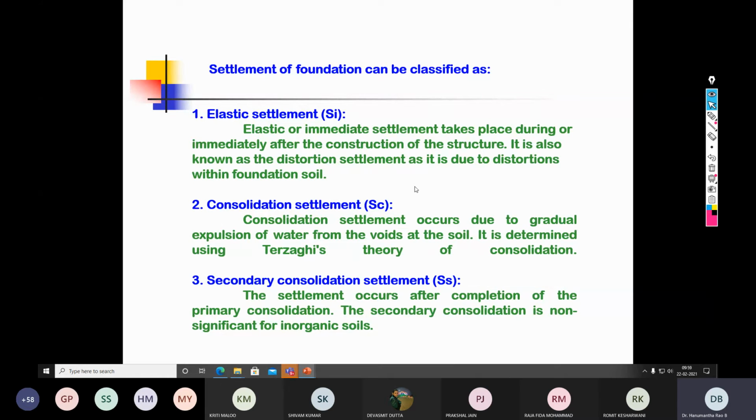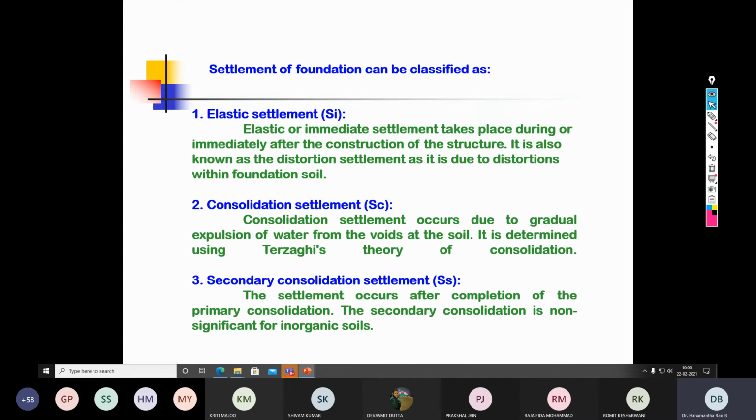Now the opposite of the elastic settlement, a completely different phenomenon, is consolidation settlement. You have undergone Terzaghi's theory of consolidation during your soil mechanics course, so I don't need to repeat it. The consolidation phenomenon is typically valid only for clayey soil.